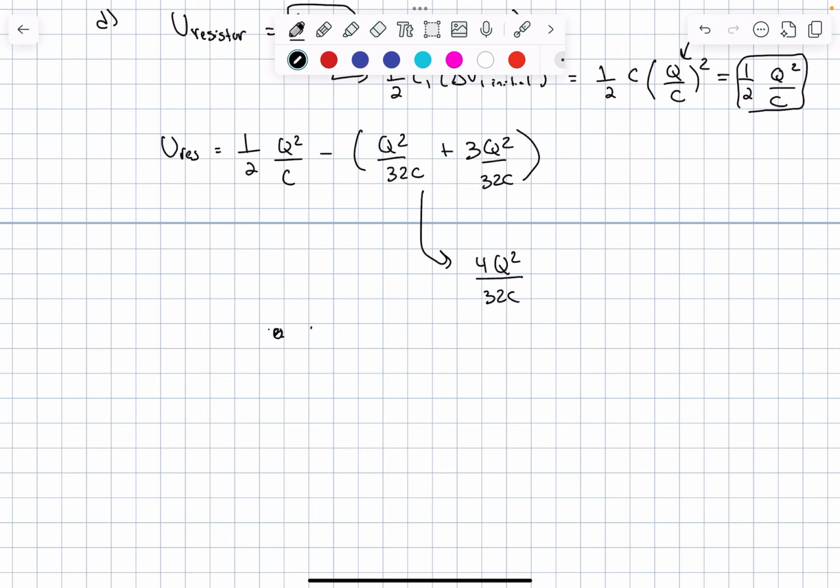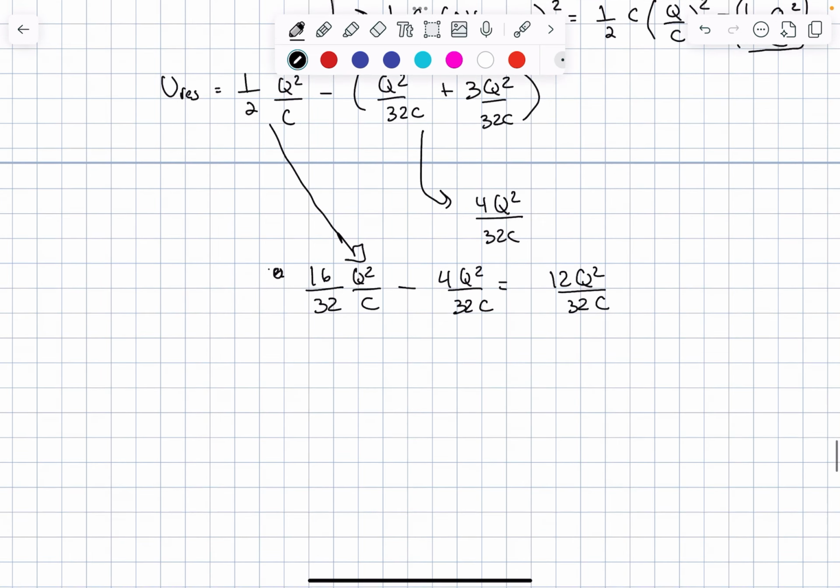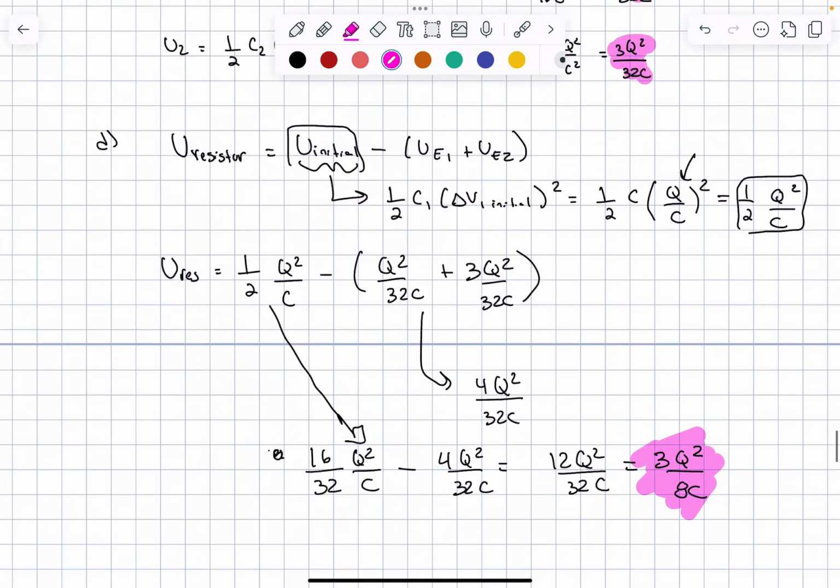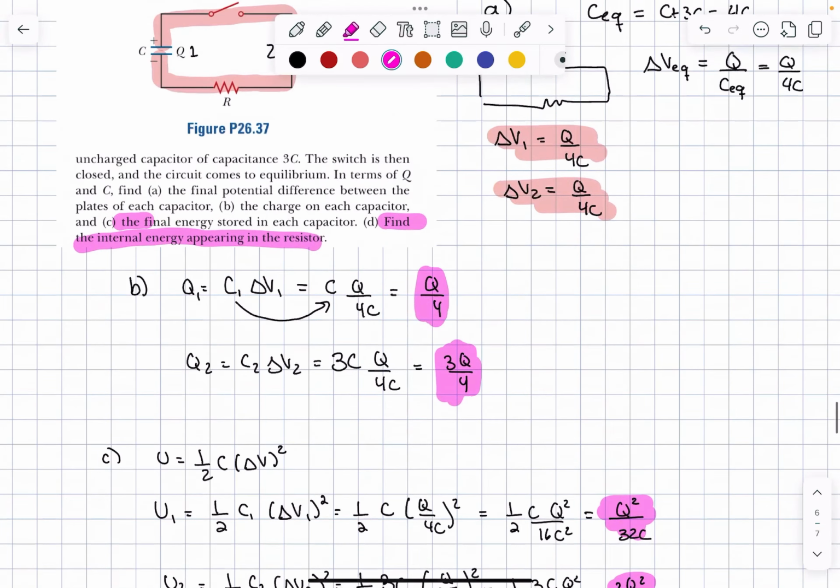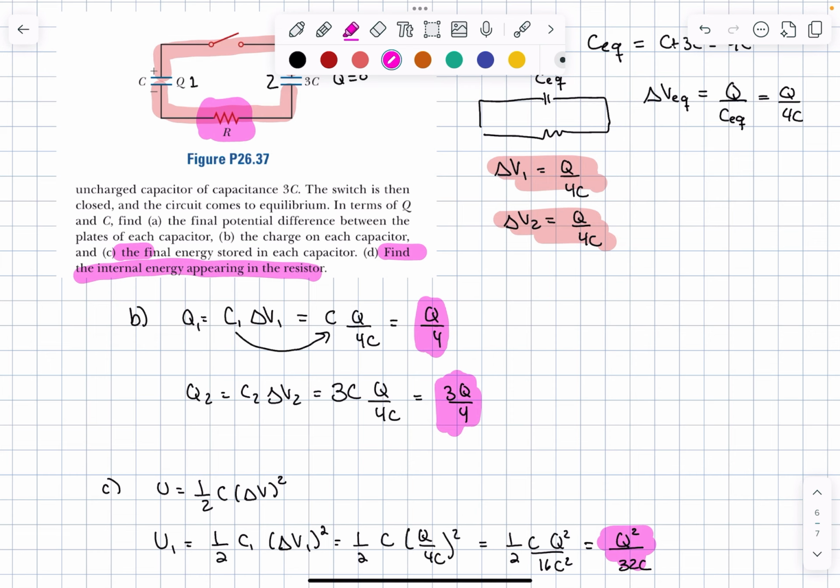So we get 16 over 32 Q squared divided by C. That's just that minus 4Q squared divided by 32C, and that leaves us with 12. We simplify this one more time, and we get 3Q squared divided by 8C, and this is our final answer, and this is how much energy is appearing inside of the resistor, so how much energy the resistor is getting.